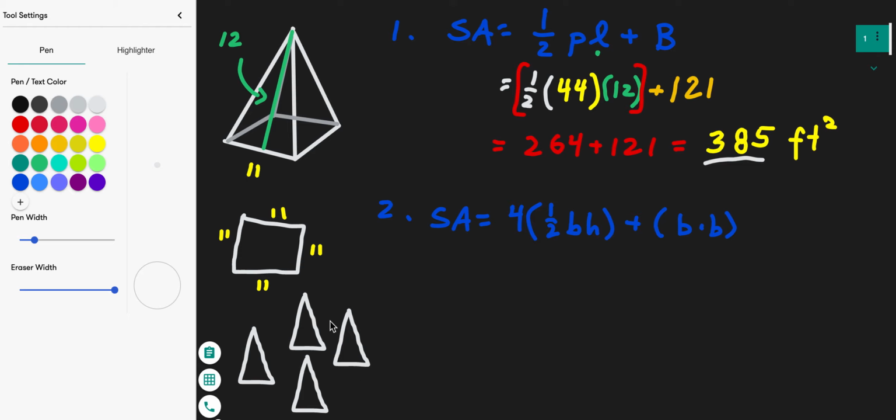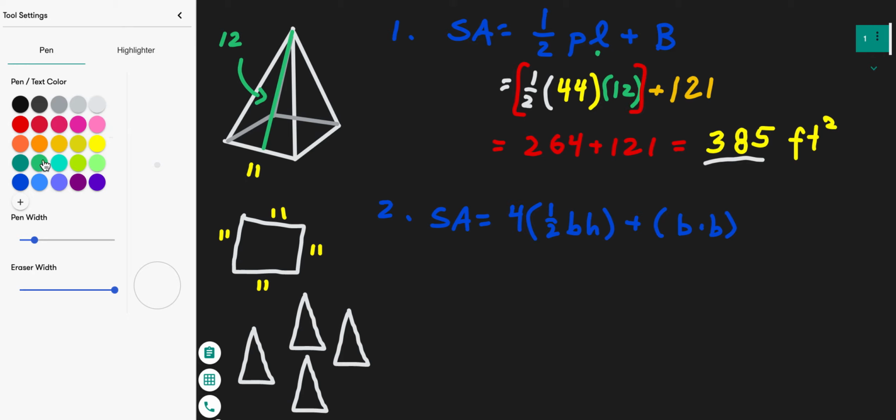And now we need to find the area for one of these triangles. And like I said, the triangles are all the same, so if we find the area for one of them, we can just multiply it by 4 to get the total area of our triangles. And then we need to add that to the area of our base here, and we can just add them up together and get our surface area, right?